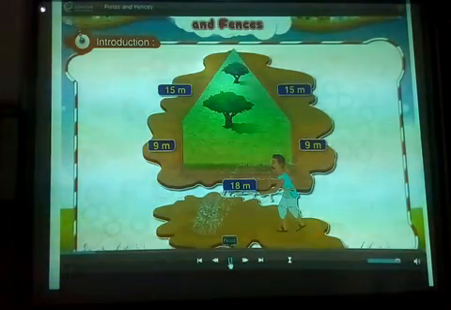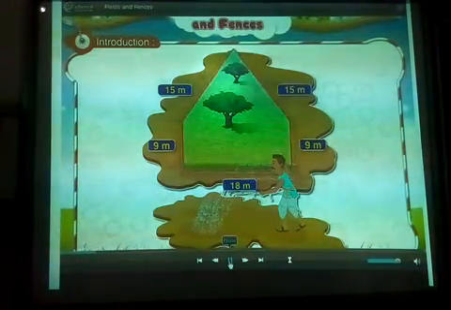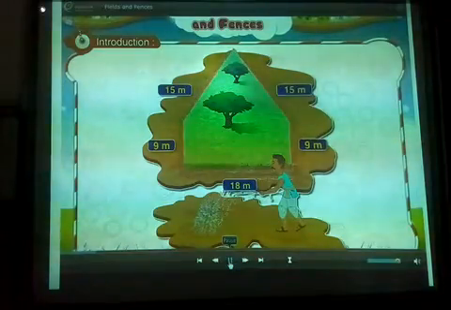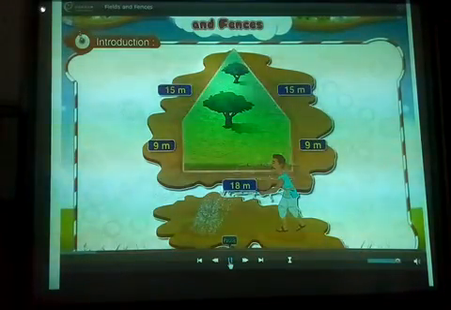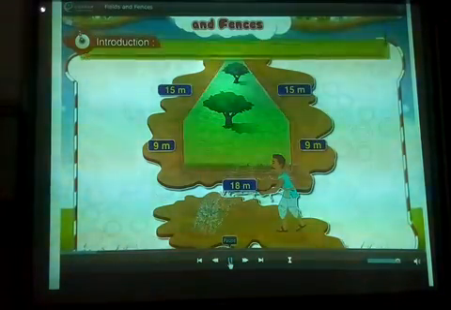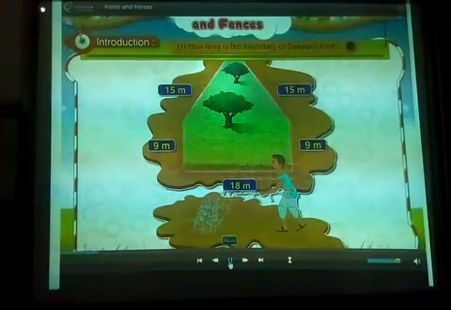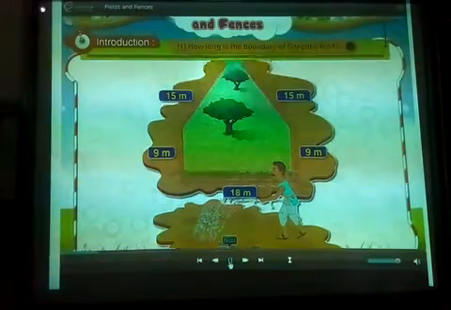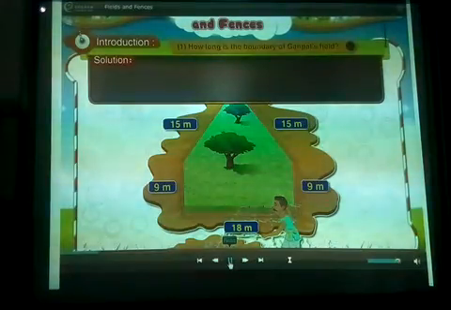The picture of Ganpat's field is shown here. The length of each side is written near it. How long is the boundary of Ganpat's field? Solution.